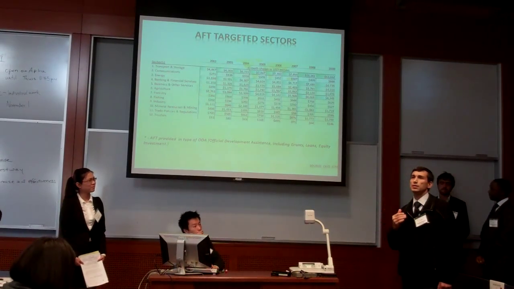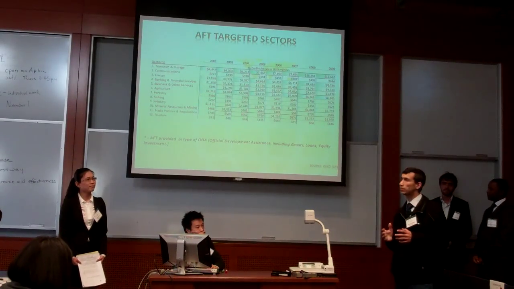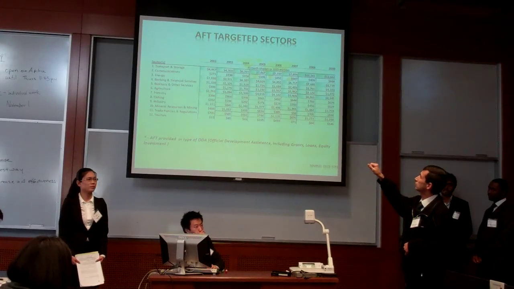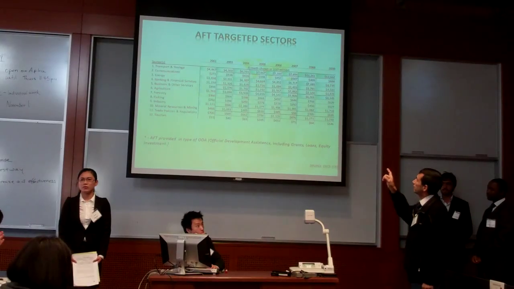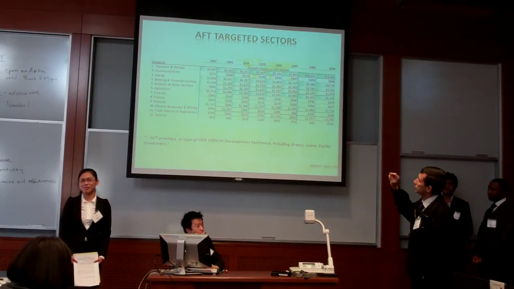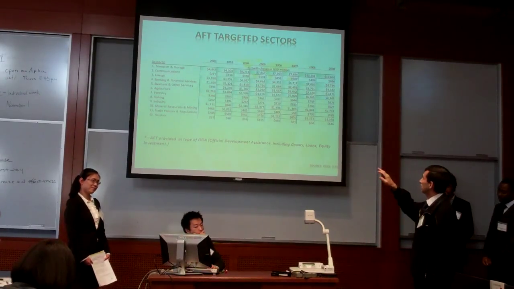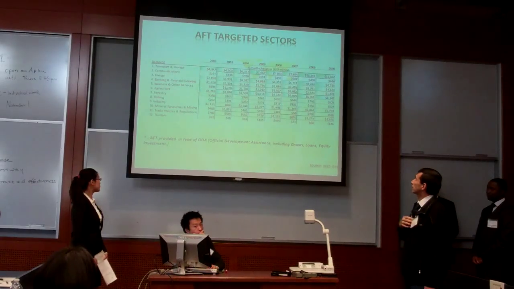The developed countries and international financial institutions started to provide aid for trade to developing countries, and you see that from 2002 to 2005 there is an increase in sectors: transport, energy, agriculture, industry, and a slight increase in other sectors of the economy.